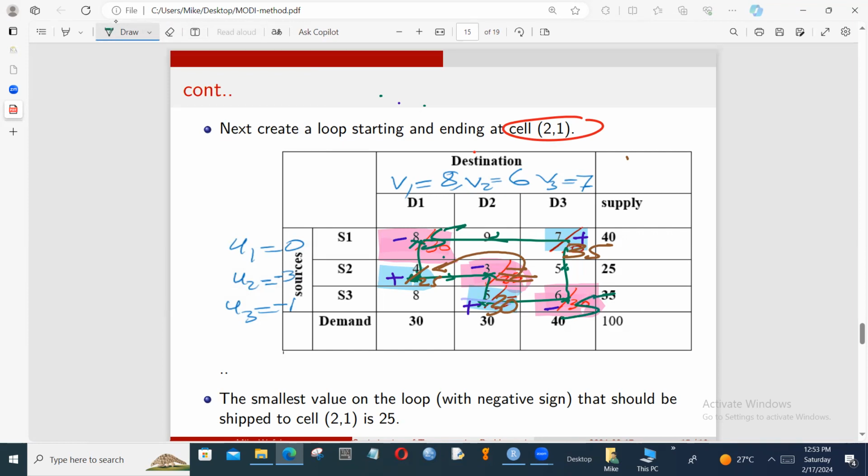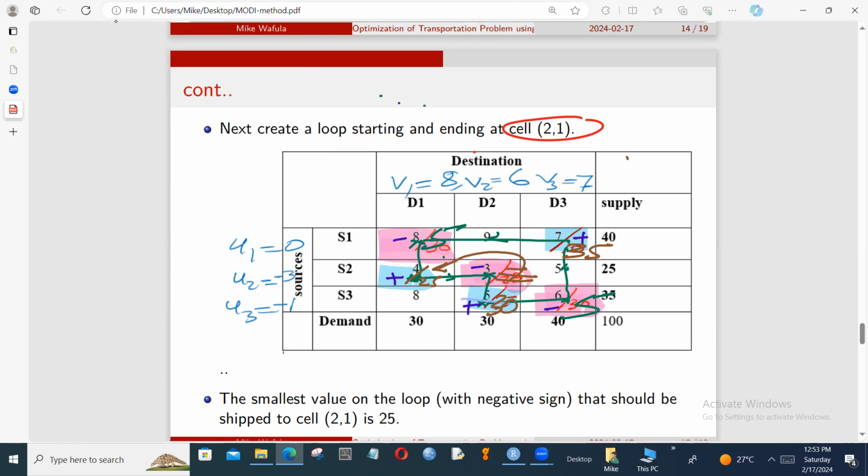Why we are doing this is just to make sure that the row totals and column totals are not affected. You can see that destination 1, when you have 5 plus 25, you still get 30. Destination 2, you only have 30 in this last cell. And destination 3, 35 plus 5 gives you 40.